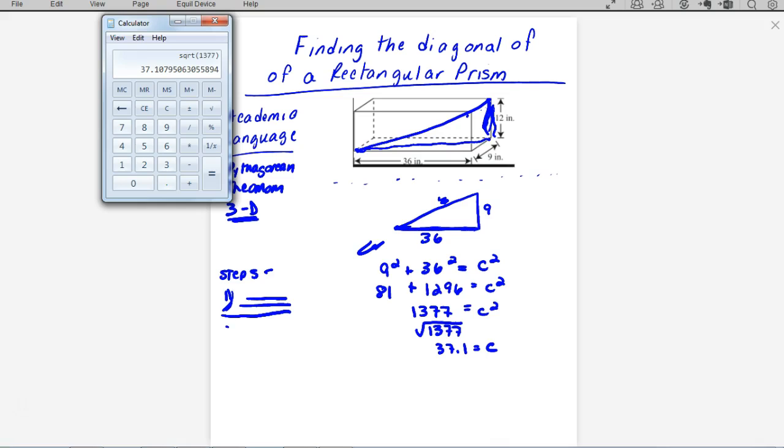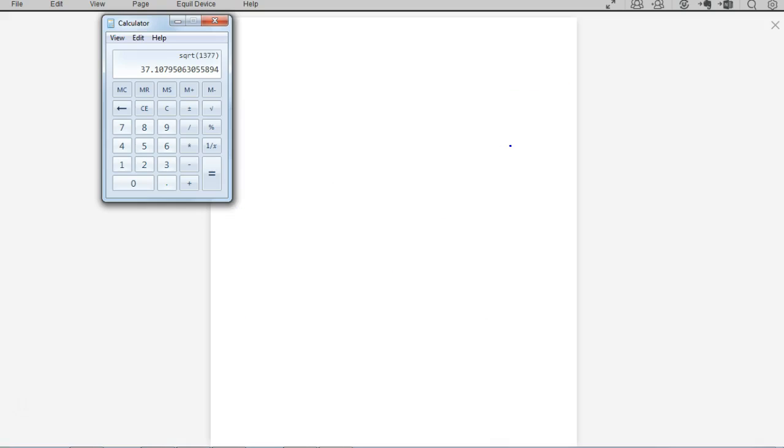Step 2, now we want to use that as the bottom of a new triangle. You can see where I messed up right here, where I have this triangle at the top that's 12 inches. Now I'm going to draw that triangle down here. Let me make a new note here. I'm going to redraw that triangle.